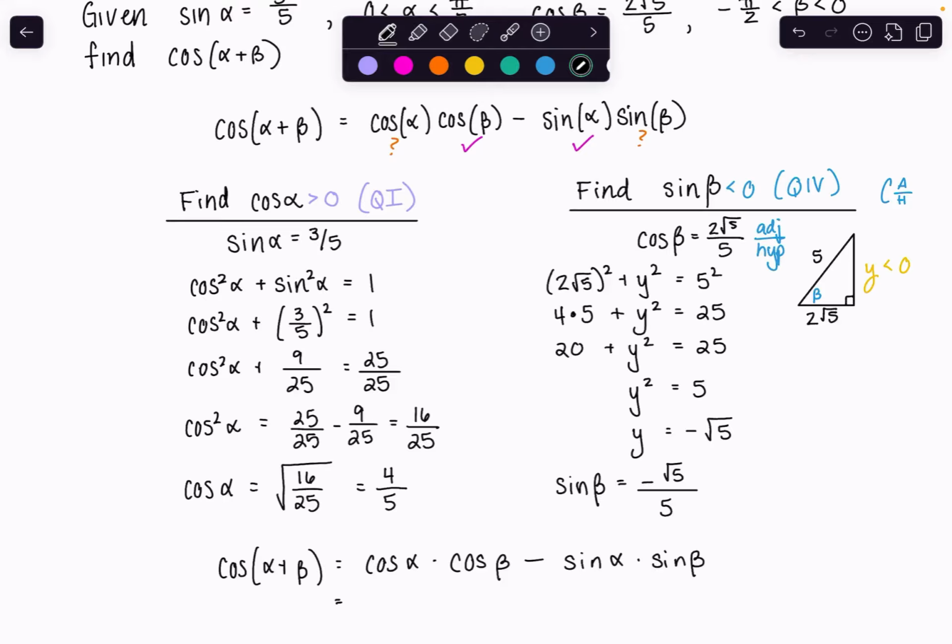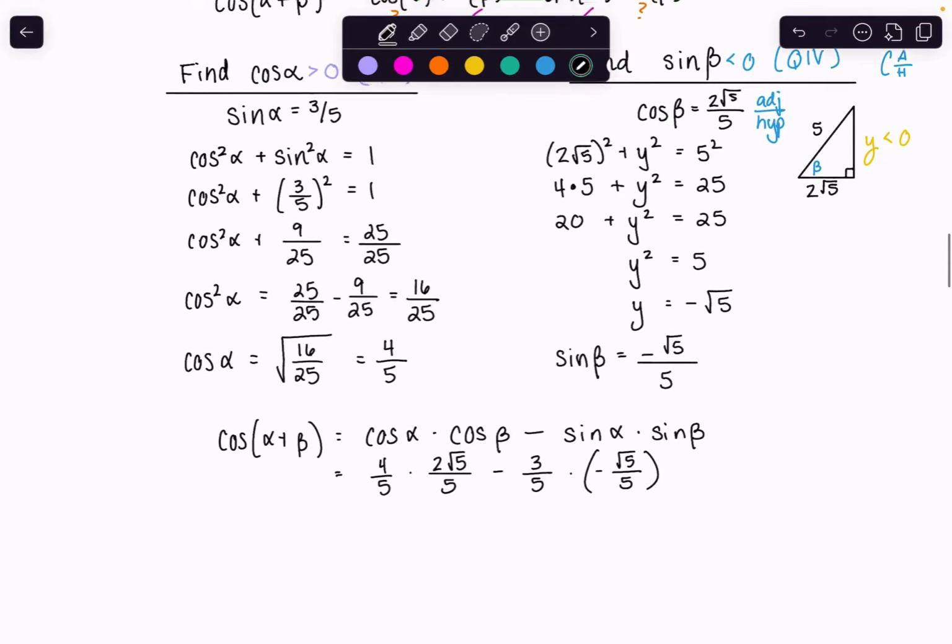Cosine of alpha is what we just found as 4/5. Cosine of beta was given to us. That's 2 root 5 over 5. Okay. Sine of alpha was given. That was 3/5. And sine of beta we just found, which is negative square root of 5 over 5.